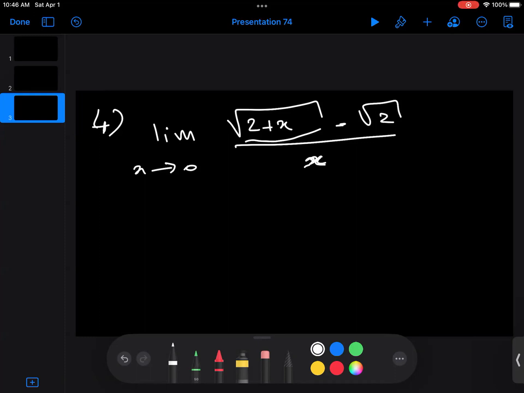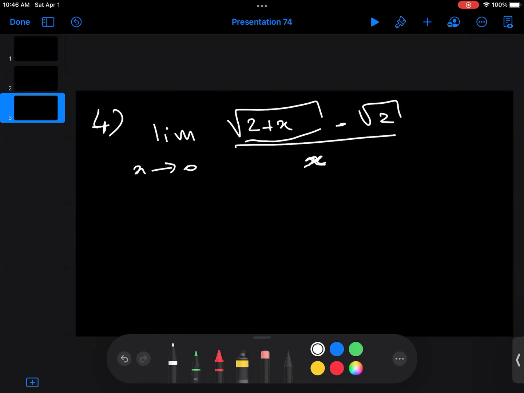On the denominator, I have also 0. I don't know what's going on. When I divide 0 by 0 as a limit, I can't say what the result is. If I don't use a trick, I can't know. So we are going to use a trick to solve this limit, because as is, we don't know.